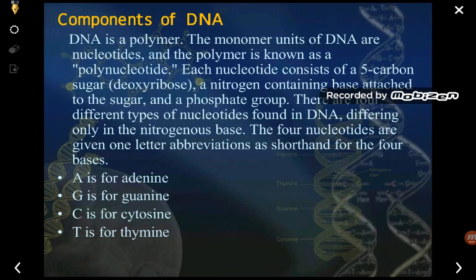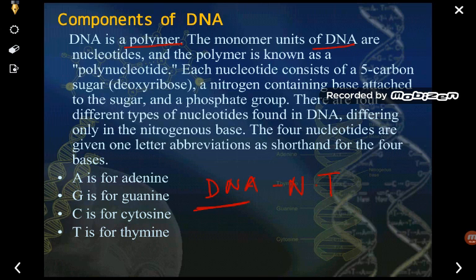Now coming to the components of the DNA. DNA is a polymer, or you can say a biopolymer, because it is present inside the organism. What do we call the small unit of the DNA polymer? The small unit of a nucleic acid is the nucleotide, and DNA consists of nucleotides.